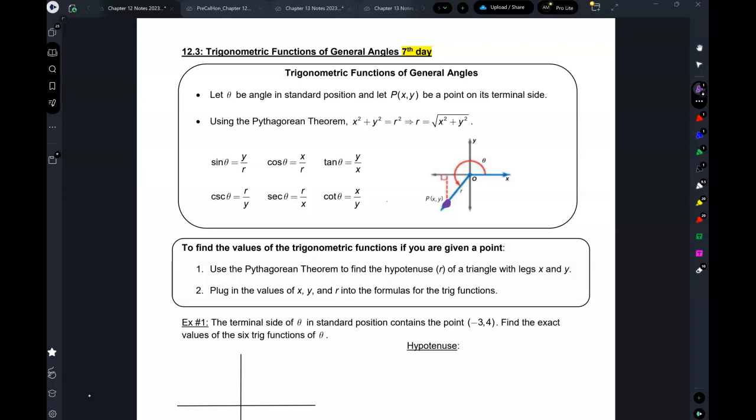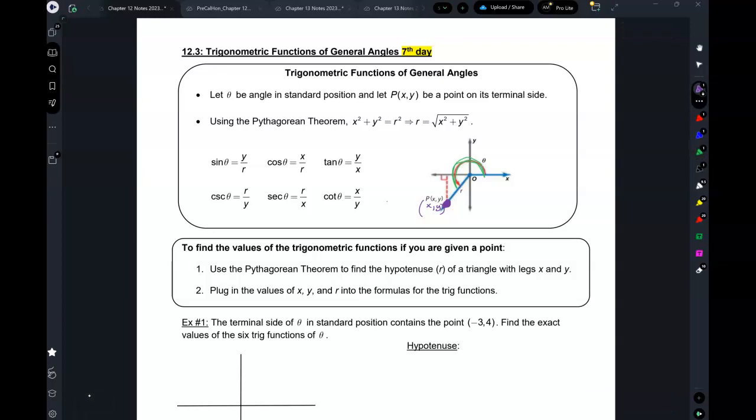Any random point, 7 comma negative 5, negative 2 comma negative 9, or x comma y. Just knowing the coordinates of that point lets you find sine, cosine, tangent of whatever angle this made to get there.